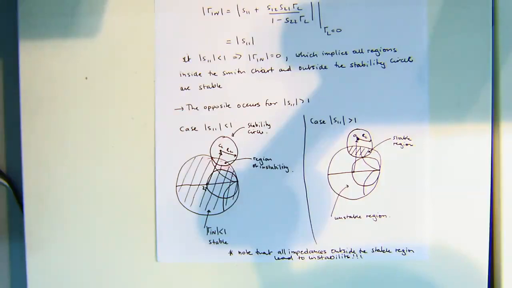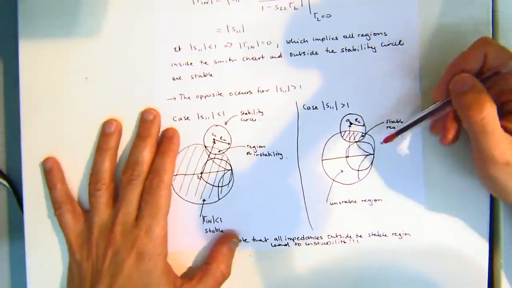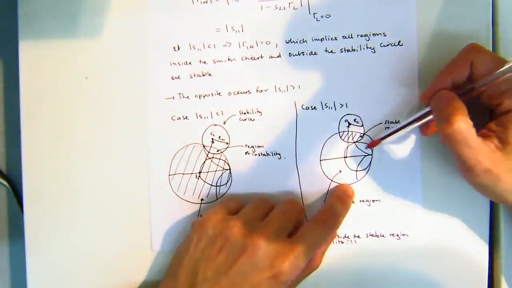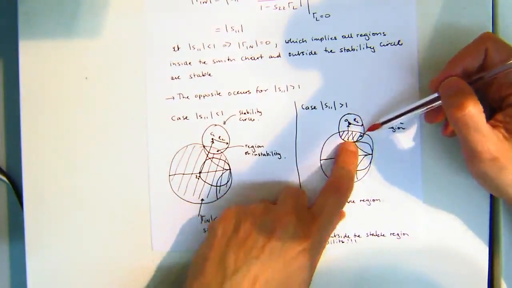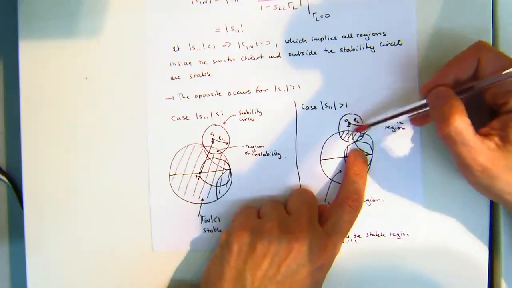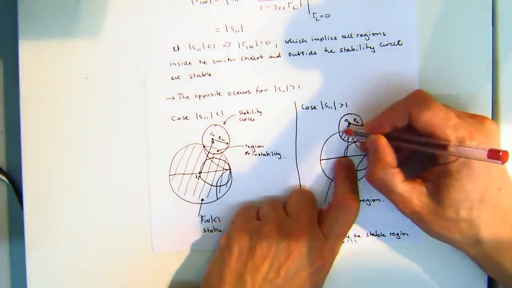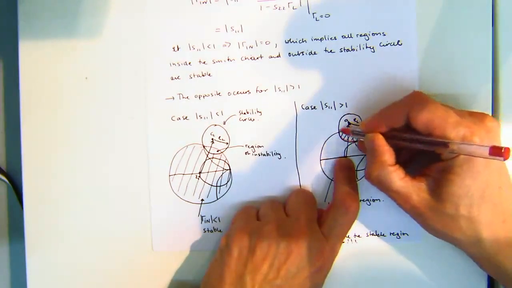Case number 2, the magnitude of S11 is greater than 1. What do we do there? Under those circumstances, the region of stability is the region where this circle intersects the Smith chart.